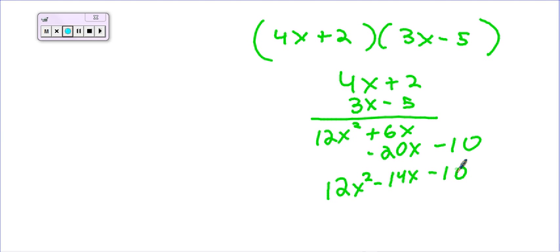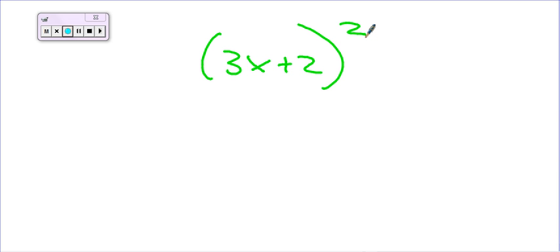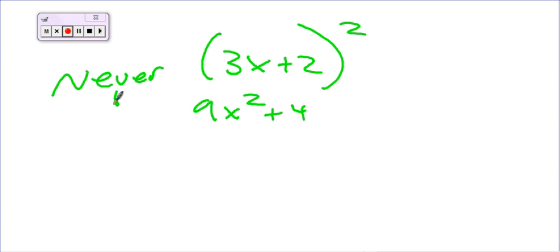The next one I'm going to show you the wrong way first, because people want to try to do a shortcut on this and it doesn't work. The temptation for this polynomial is to do 9x squared plus 4. That is way wrong.